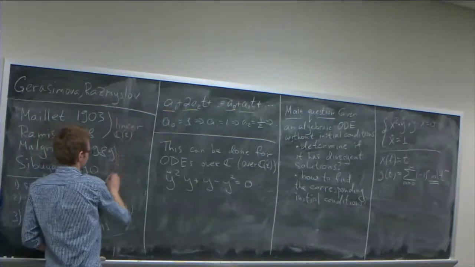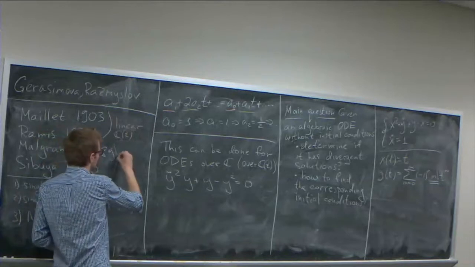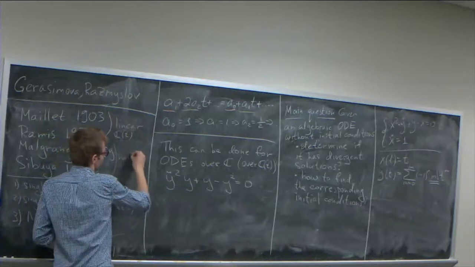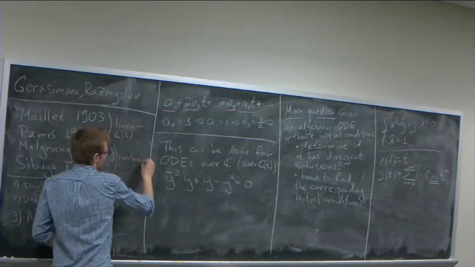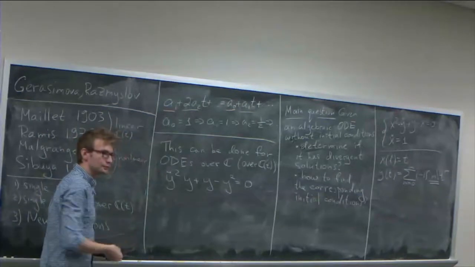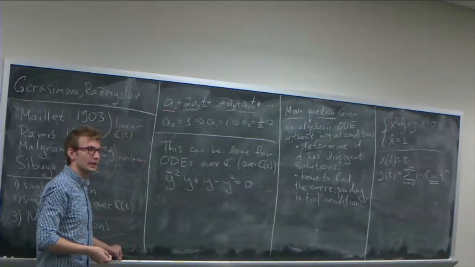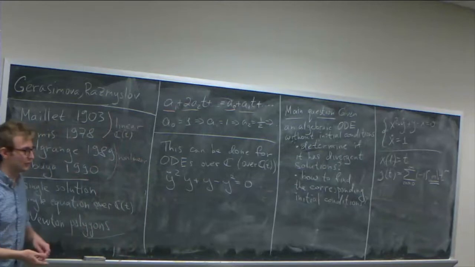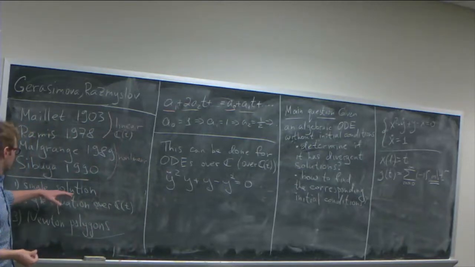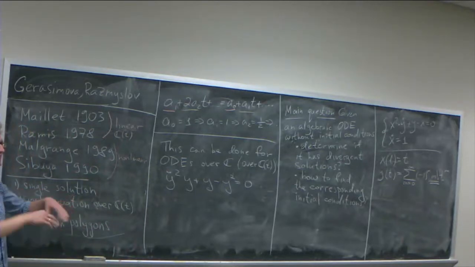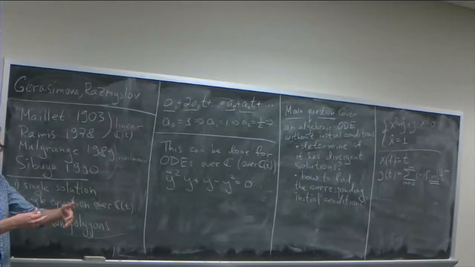And this is the generalization to nonlinear, and they still do Newton polygons. The reason is that since you are focused on a single solution, you can linearize near the solution, and then you are back in the linear case.